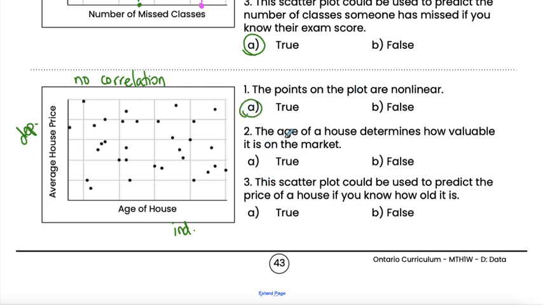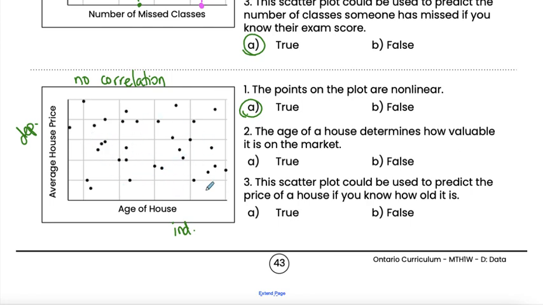Number 2, the age of a house determines how valuable it is on the market. Well, because we have no correlation, we can't draw in a line of best fit, which means that we can't use that line of best fit to help us predict the answer to certain questions. So does the age of a house affect how much it's going to sell for?